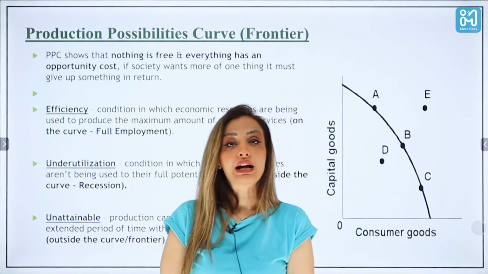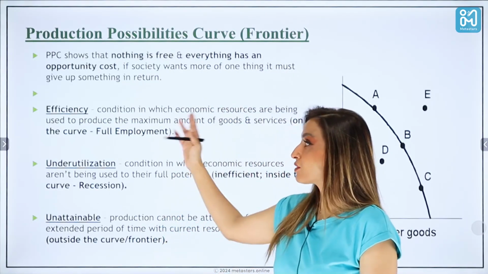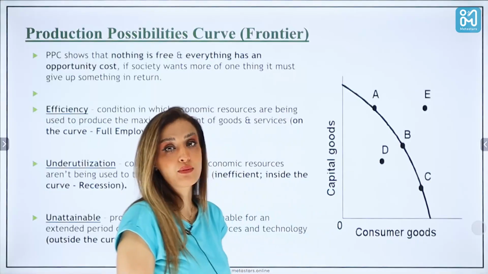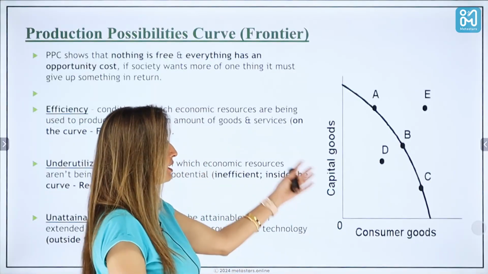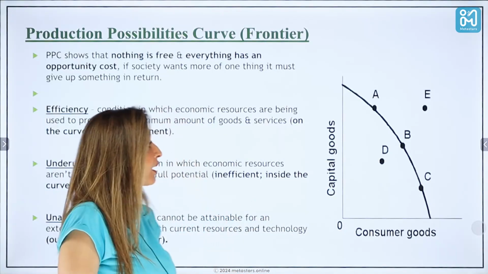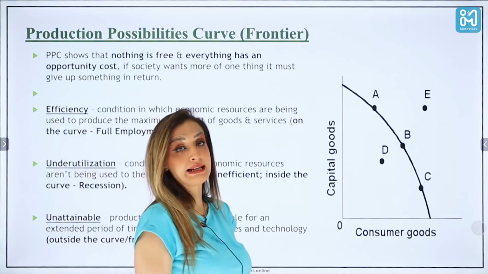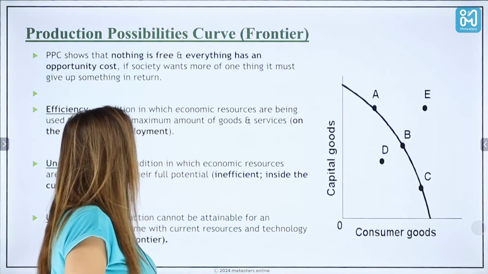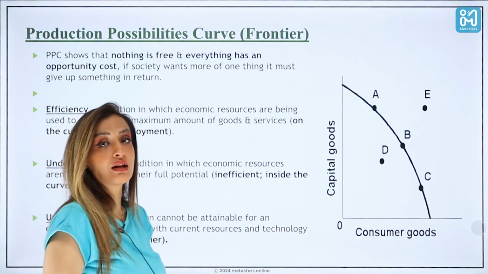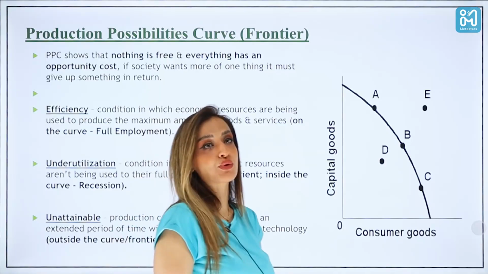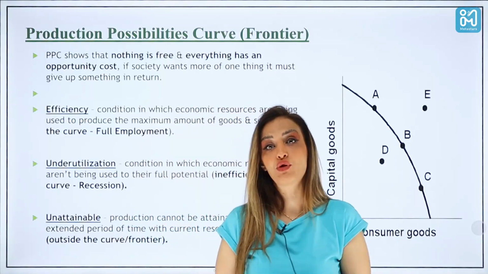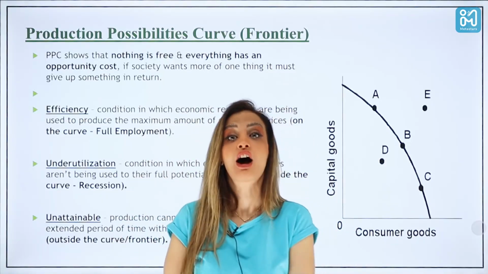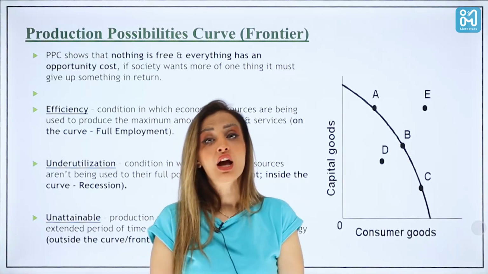Okay. Production possibilities curve, we're going to talk now about the most important concepts related to the graph here. I have the points A, B, C, D, and E. Now, efficiency means all resources are available and I'm using those resources efficiently. I have full employment.